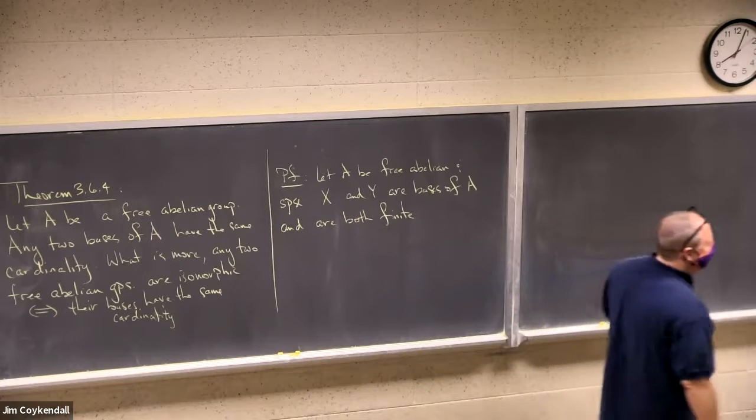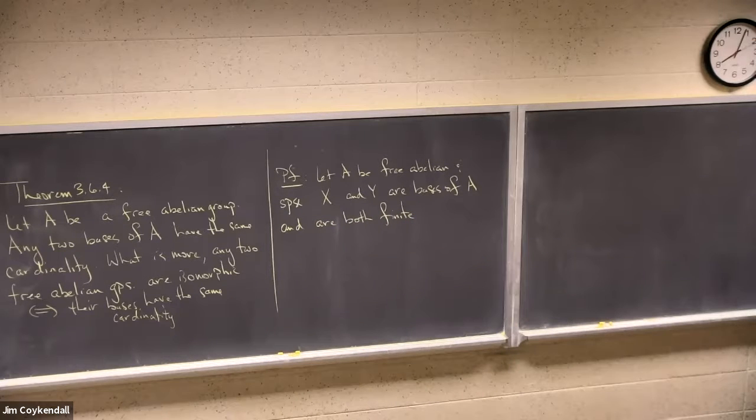I'm going to take steps on this, and sort of demonstrate why this is true. If you compare two bases that are both finite, then those finite sizes have to be the same. From this, it will follow that if it has a finite basis, it can't have an infinite basis.